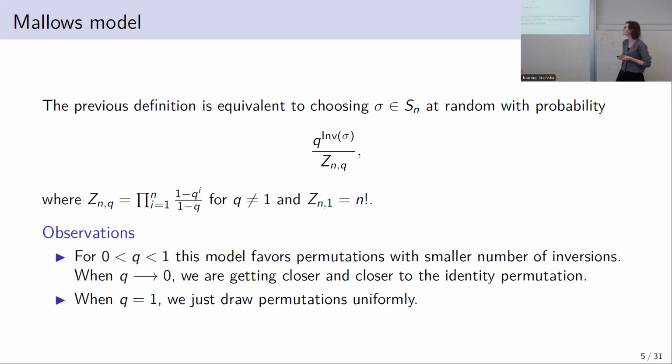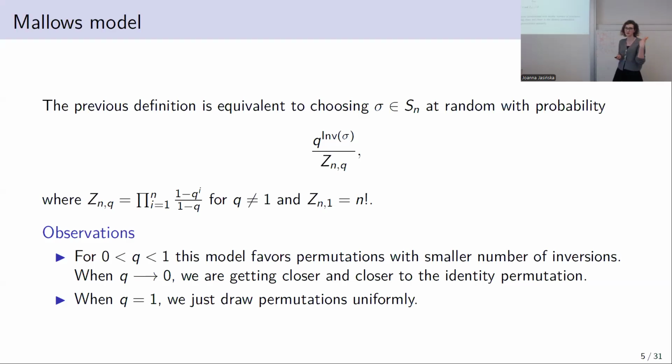So I don't like permutations that have a lot of inversions in this model. And when q is very close to 0, we are getting closer and closer to the identity permutation, because we punish the inversions, right? So when we're very close to 0, we prefer something that has almost no inversions.